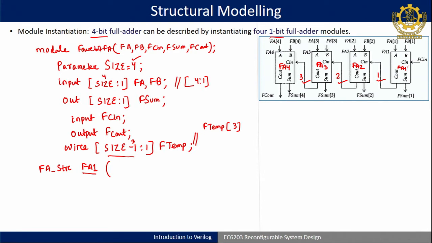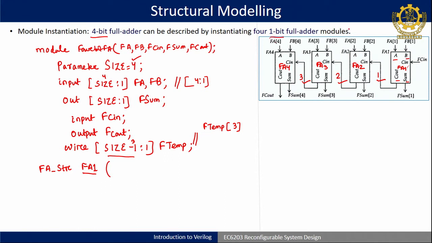Just now you understood that fa_str, in the earlier code, I have defined with a, b, sum and cout. These can be treated as local inputs and outputs for fa_str, meaning the sub component or sub module's local inputs and outputs.